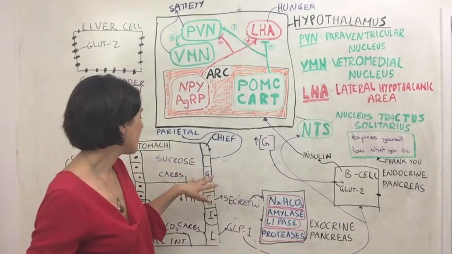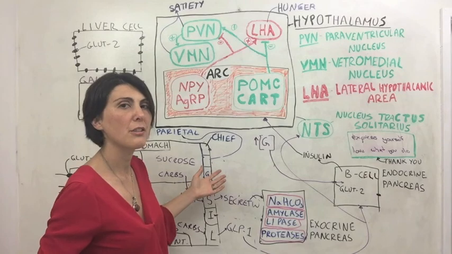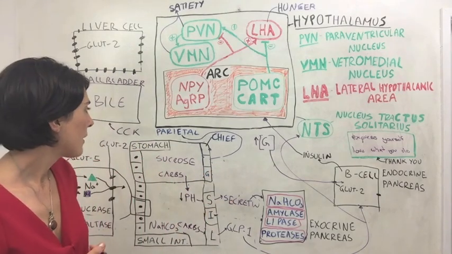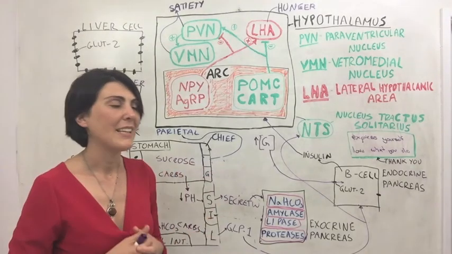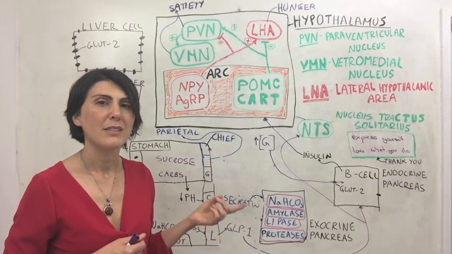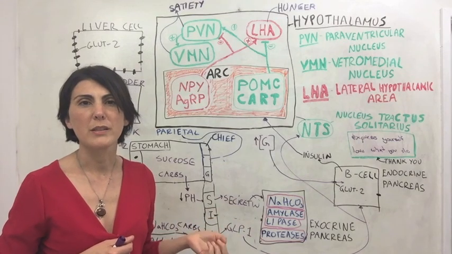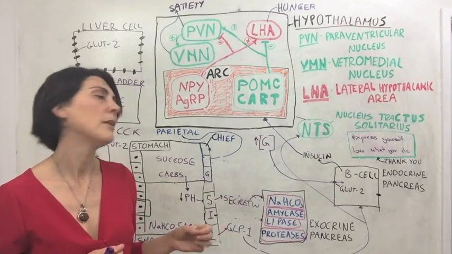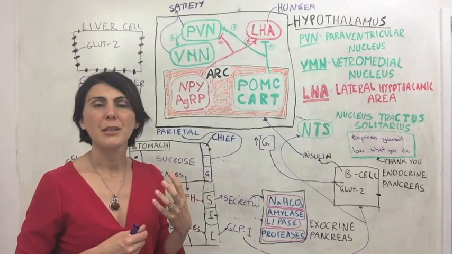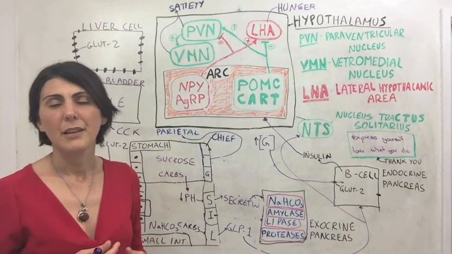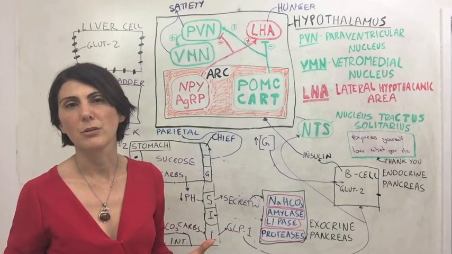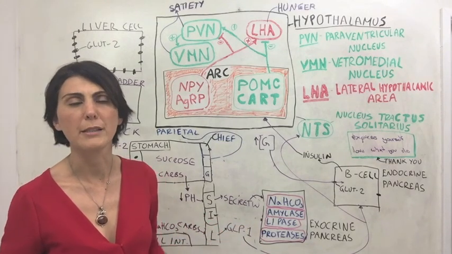Fructose has been shown to have not as much effect on the inhibition of ghrelin. So overall, you can see that by consuming simple sugars, particularly those that have fructose in them, you're going to feel hungry quicker, and therefore over the day you're going to consume more calories and potentially put on more weight.